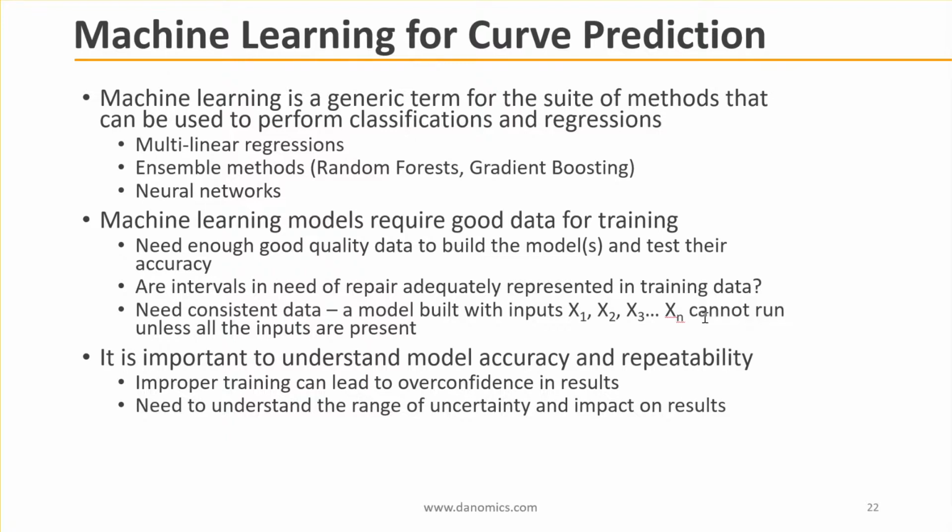So if you're using different software, you need to understand what happens if, for example, you're trying to reconstruct density using a sonic log, and that sonic log isn't present in a well. Can you still do it with just gamma ray, resistivity, neutron? And then, like I said, understanding not only the accuracy but the repeatability of results from well to well is quite important.